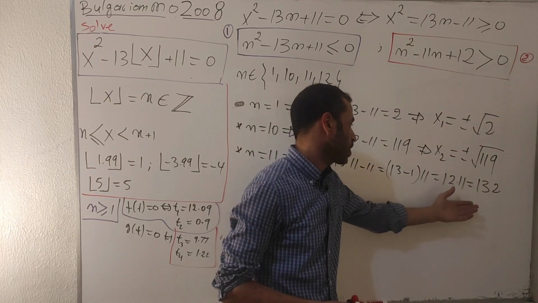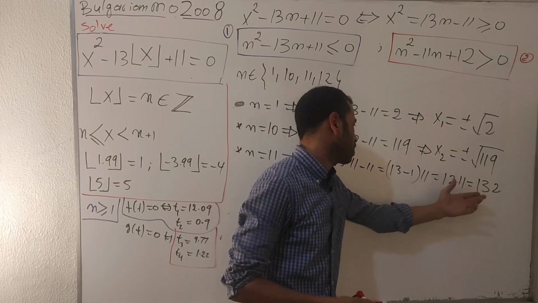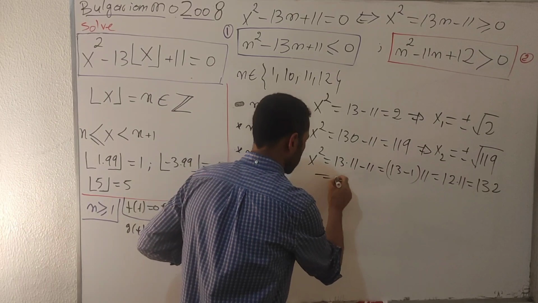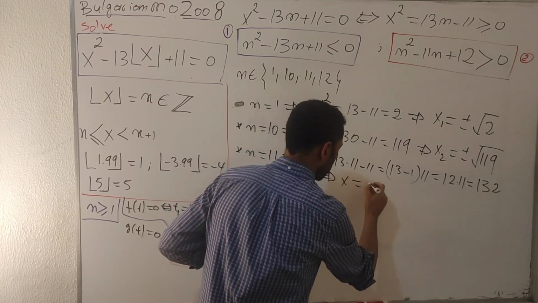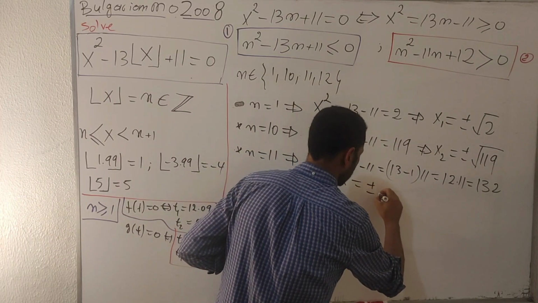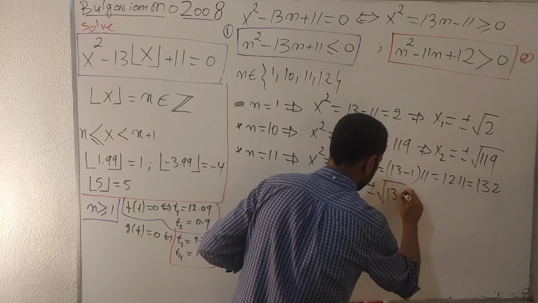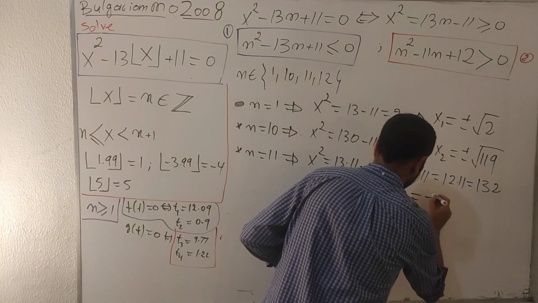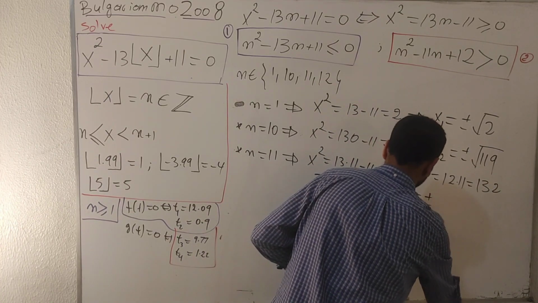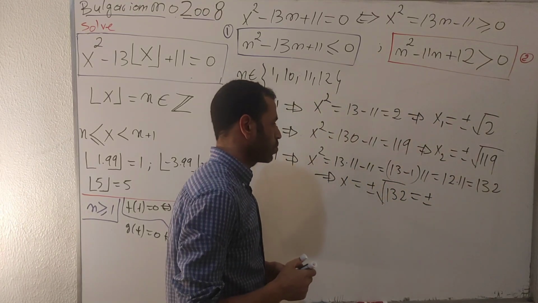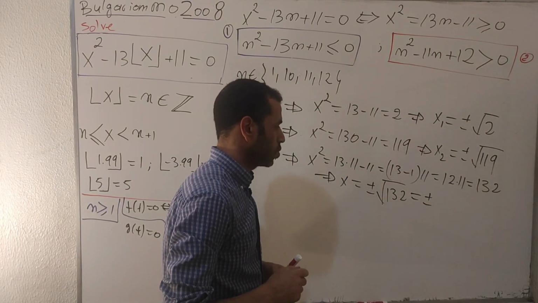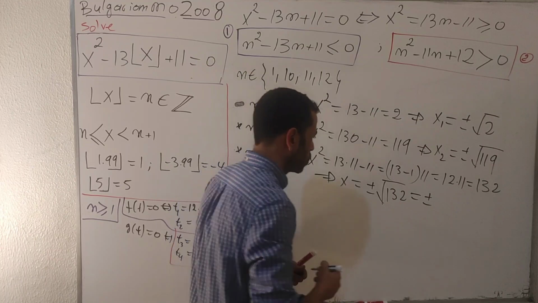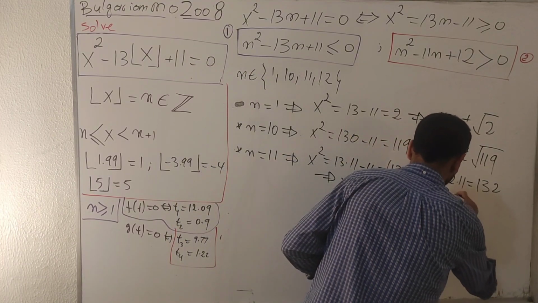So without using the calculator, you can calculate it easily in this way. I will have 2 solutions: x equals plus or minus square root of 132. 132 is 4 multiplied by 33, which gives 2 square root of 33.